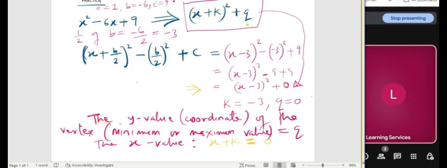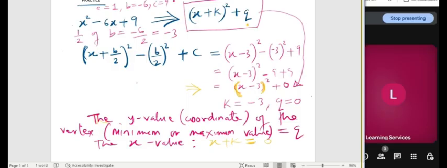So in this case, what should we express equal to 0? Whatever is inside the bracket, equal to 0, to help us get the x coordinate of the vertex.